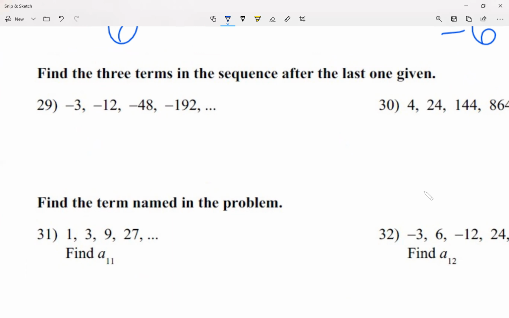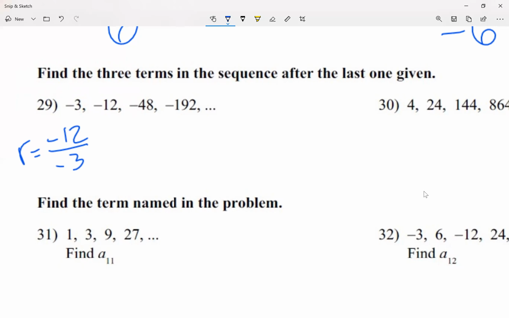In order to find the other numbers, let me find the ratio first. Let me use the letter R for the ratio, the common ratio, which again is the number that I keep multiplying. I'm going to choose a number from the list, negative 12, and divide it by the previous number. For space purposes, I'm going to represent division as a fraction.